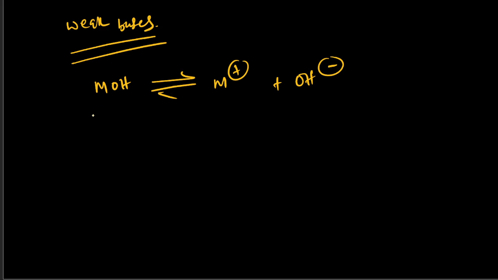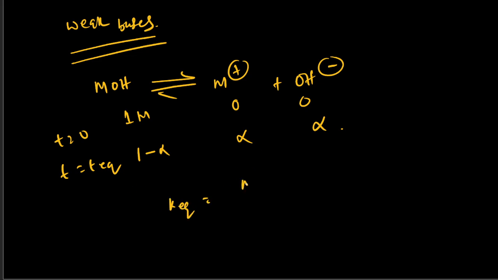At T equal to 0, 1 molar is present and no product has formed, and at T equilibrium, 1 minus alpha is left and alpha is formed. For this also we write K equilibrium, product concentrations divided by reactant concentrations.